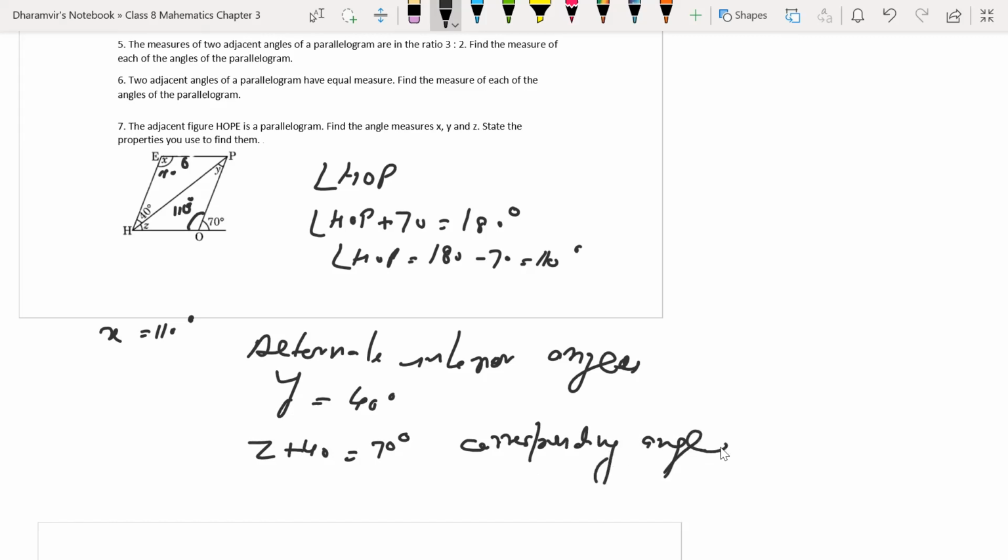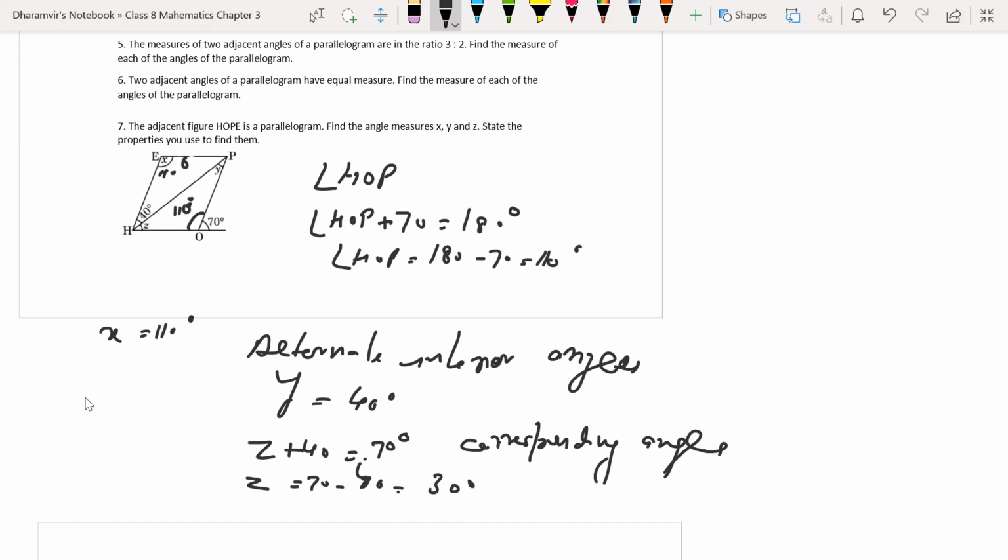These are the corresponding angles, z and this 70. And this whole angle at H is z plus 40. So now z is equal to 70 minus 40, which is equal to 30.